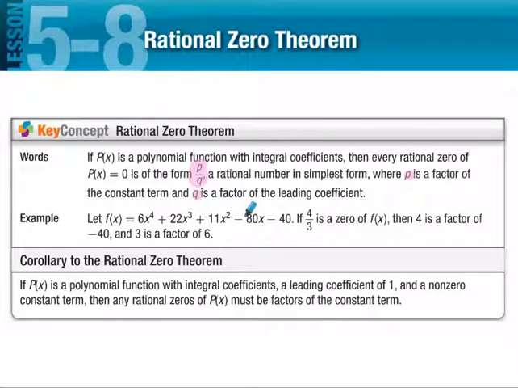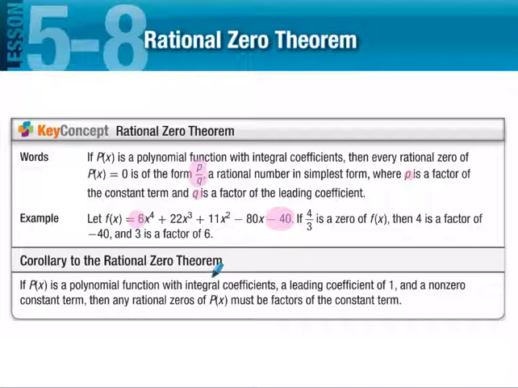So in the example, they give me a polynomial here. Let f of x equal 6x to the fourth plus 22x cubed plus 11x squared minus 80x minus 40. All the possible rational zeros will be negative 40, because that's the constant term, divided by positive 6.